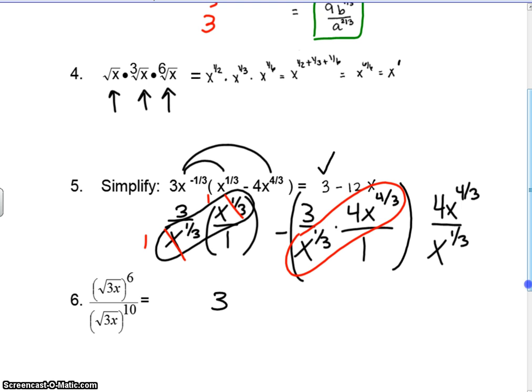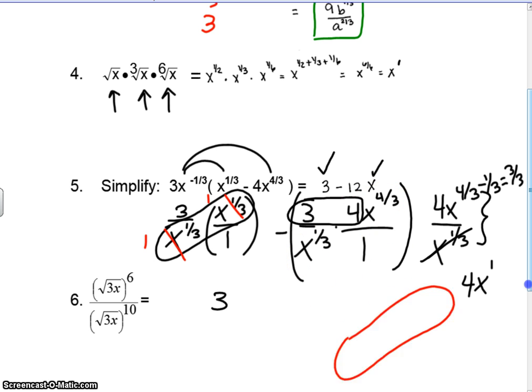Laws of exponents say subtract the exponents. So 4/3 minus 1/3 is 3/3. So that's 4x to the first power. And that's where we get x to the first power. So where do we get the 12? That's going to be 3 times 4.